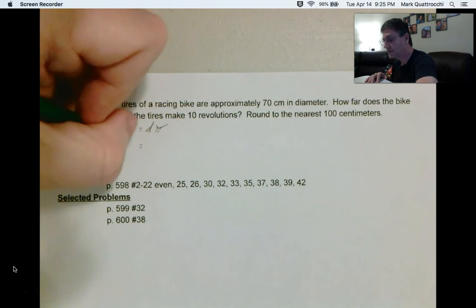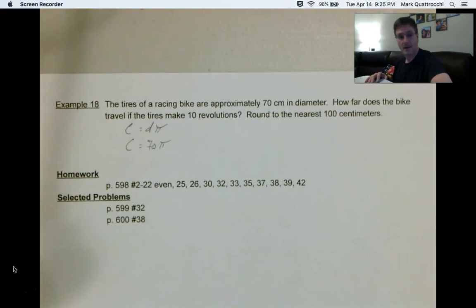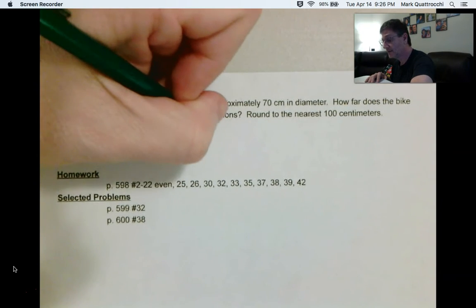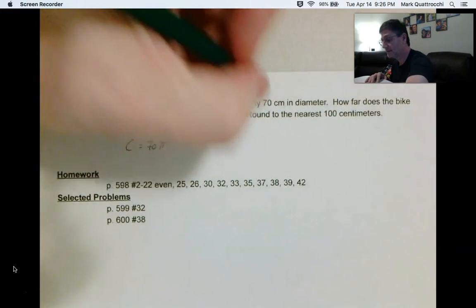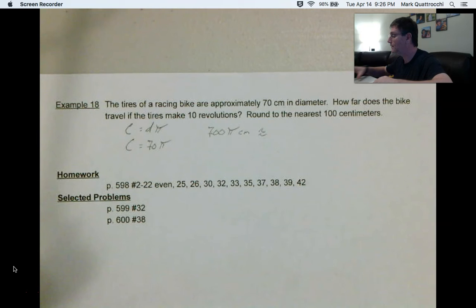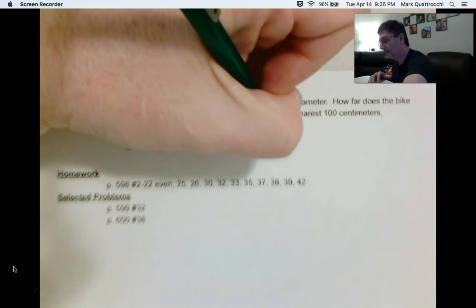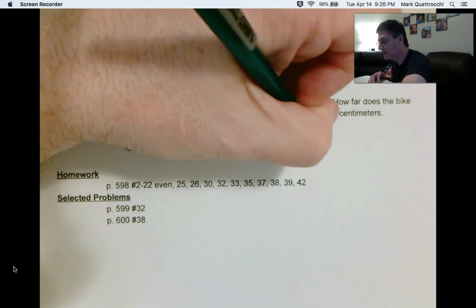Circumference equals 70 pi, and we're going to make 10 of those revolutions, so 700 pi centimeters, which is approximately 700 times pi, equals approximately 2,199.1 centimeters.